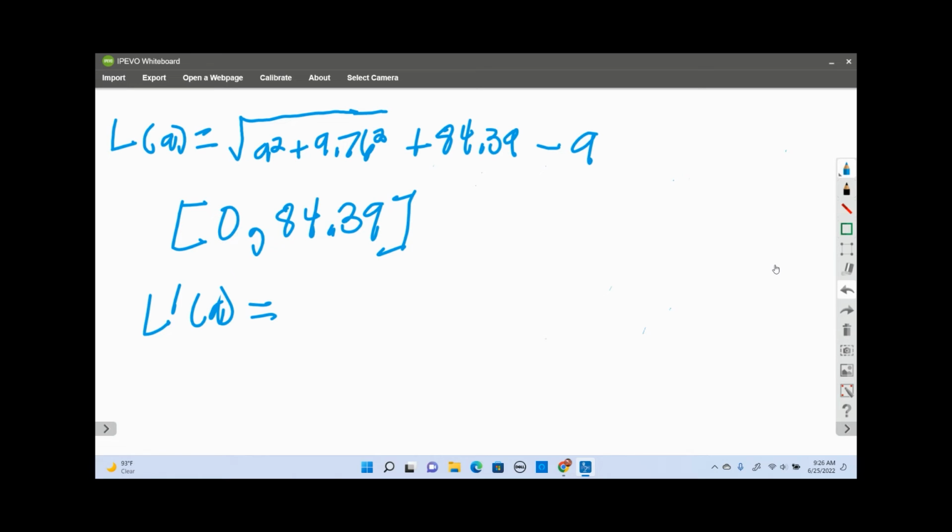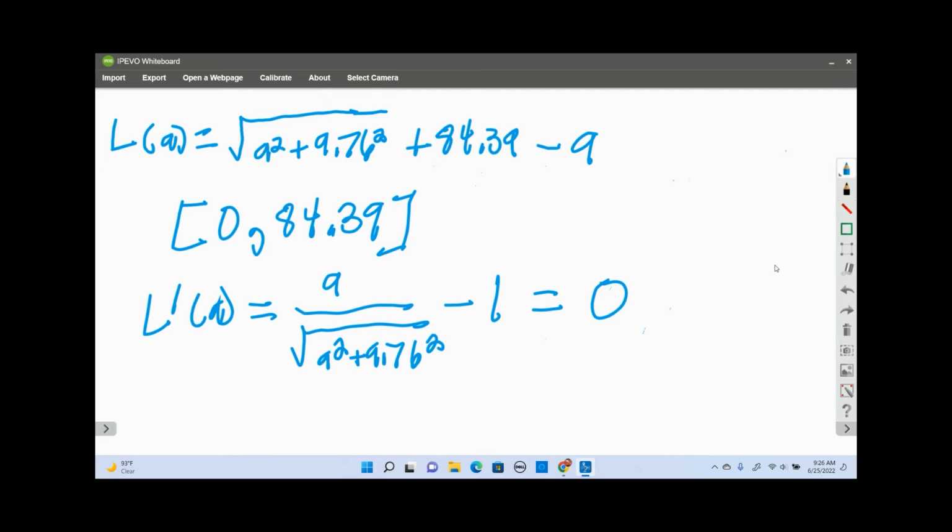So the 2 from 2A and the 2 from 1 over 2 times the square root are going to cancel. So we're going to have A over the square root of A squared plus 9.76 squared. The derivative of 84.39 is 0, and of course, the derivative of A is 1. So that's the derivative. We'll set that equal to 0 and then see if we can solve that.